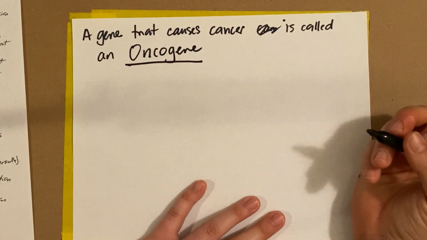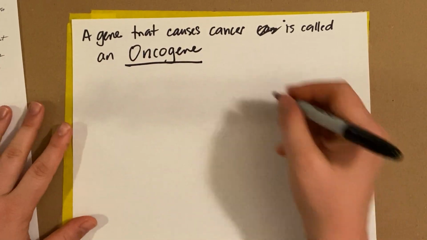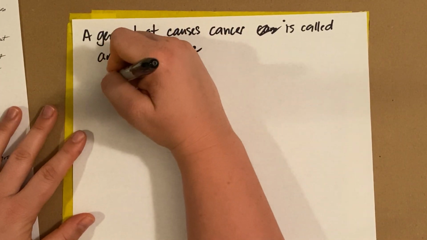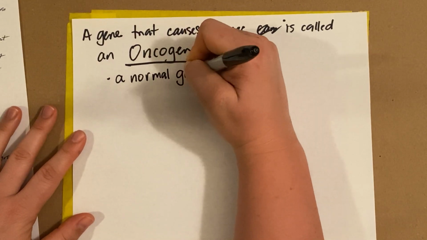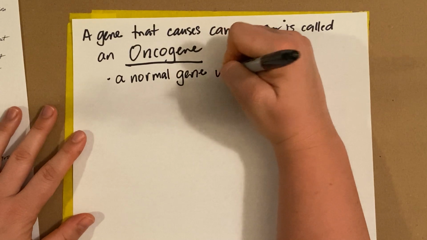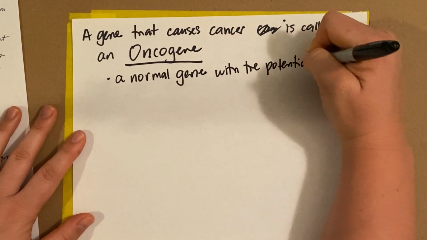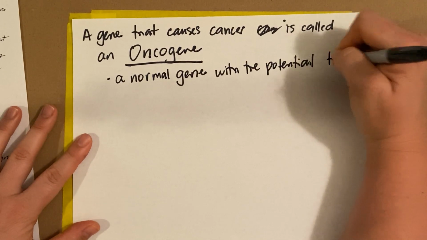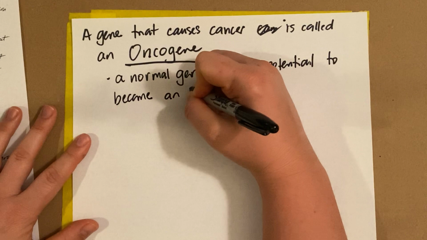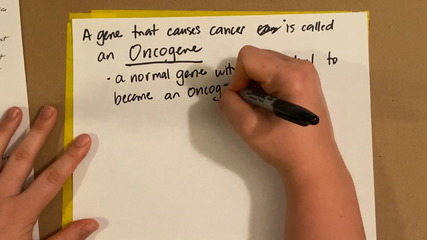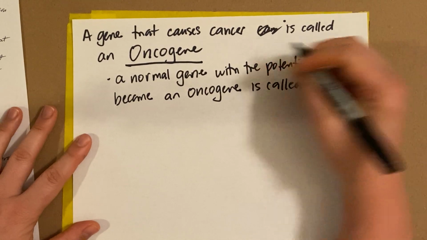Okay, so an oncogene is a gene that causes cancer. And before that, a normal gene with the potential to become an oncogene is called a proto-oncogene.